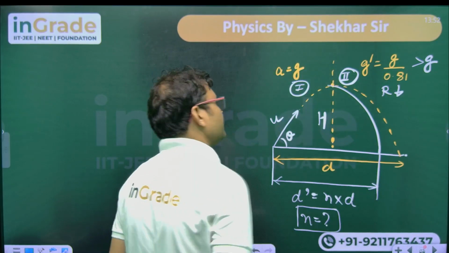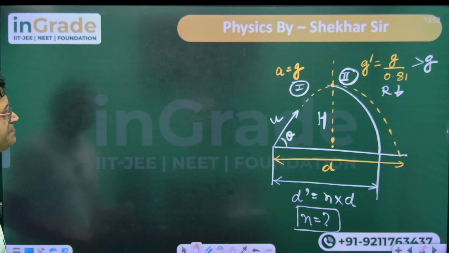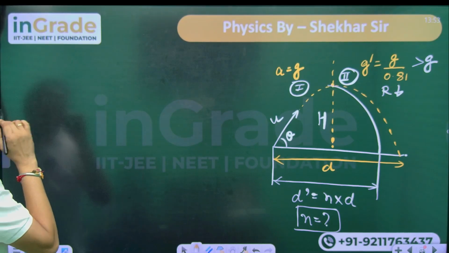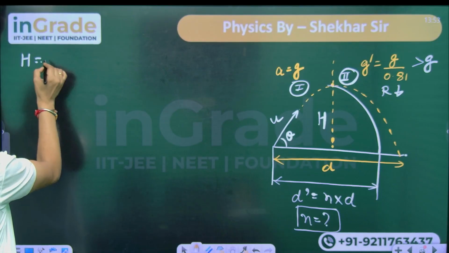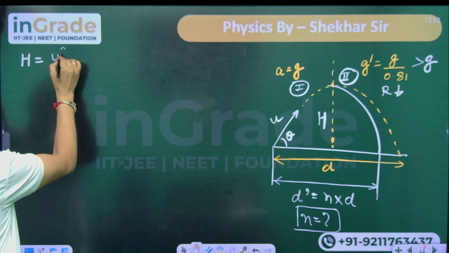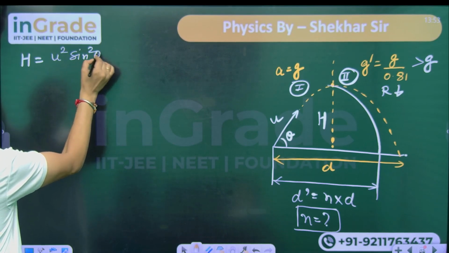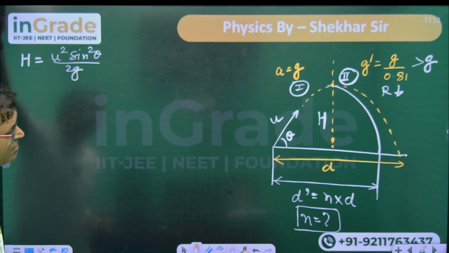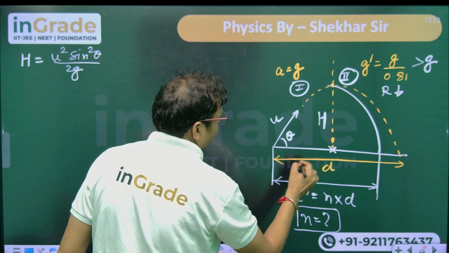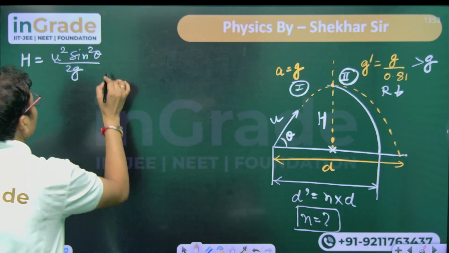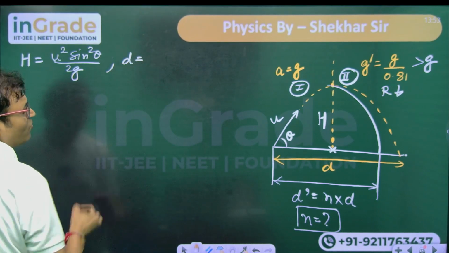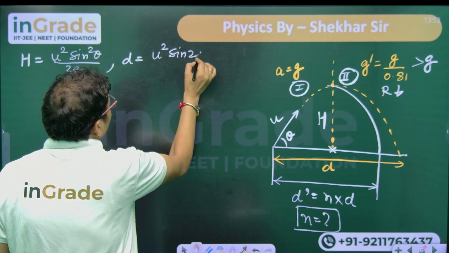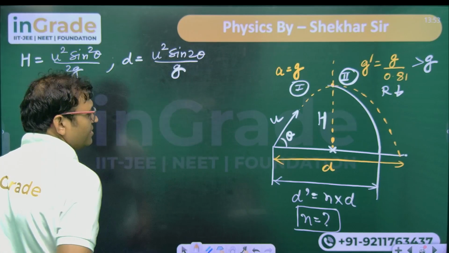This is, let us say, h. This is how the particle will travel. Now look, can we write h is equal to u square sine square theta by 2g, isn't it? Can we write d in the normal situation? d is equal to, that is the range, u square sine 2 theta by g, isn't it?